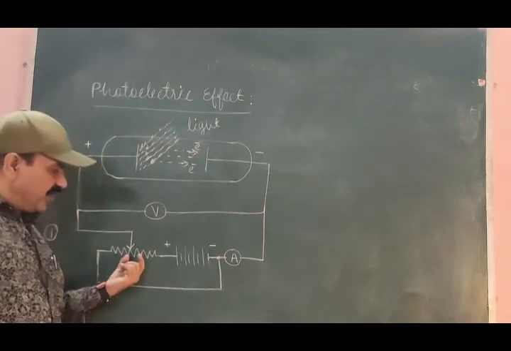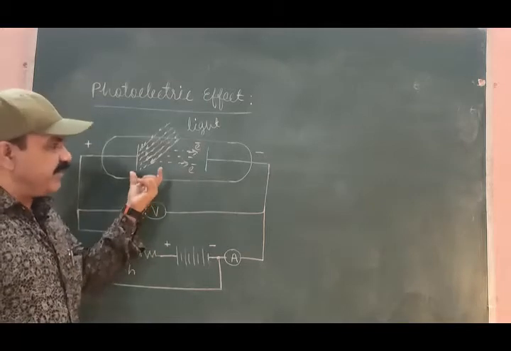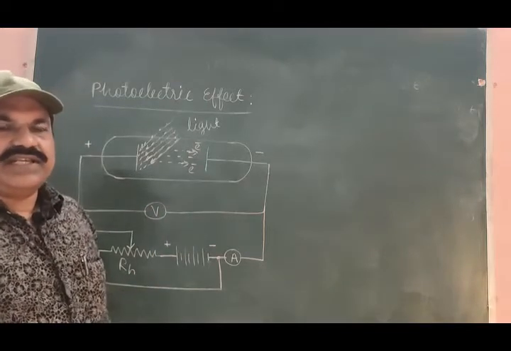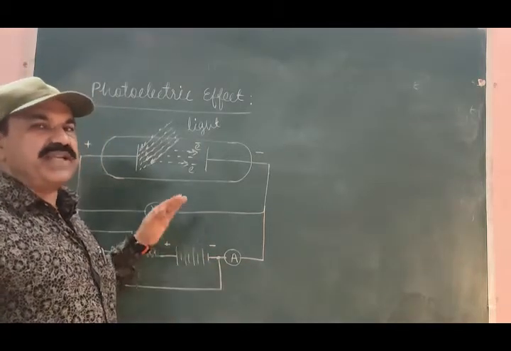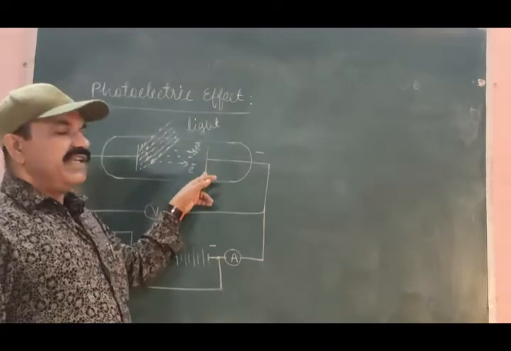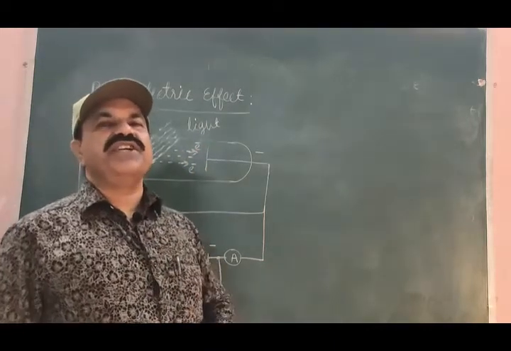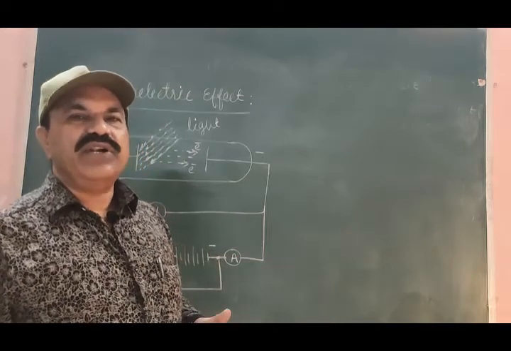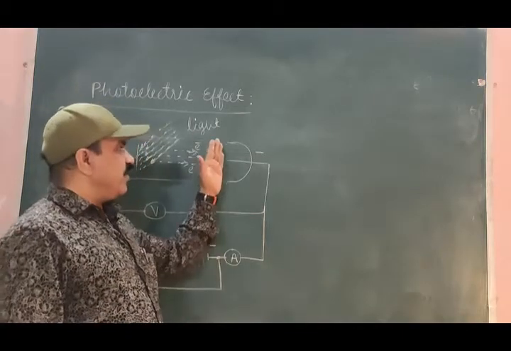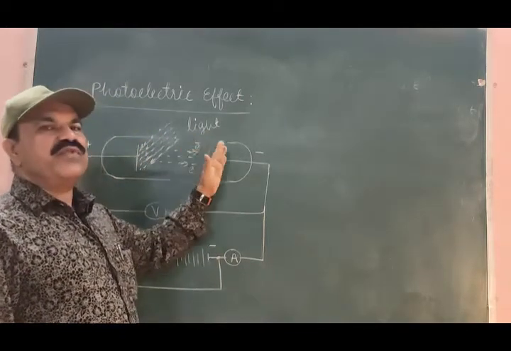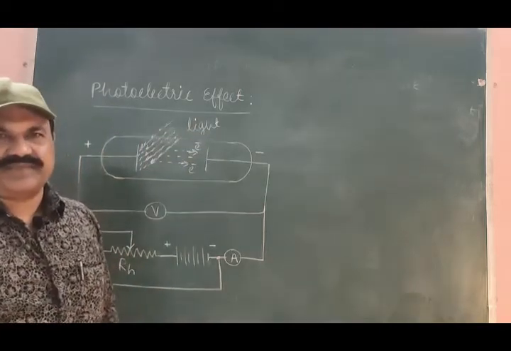Now, the retarding potential is kept increasing. The reverse bias applied to the photocell is kept increasing. As the reverse bias is kept increasing, the retarding potential at this plate will go on increasing with the retarding voltage, and therefore more and more repulsive force will act on the electron coming towards this plate.